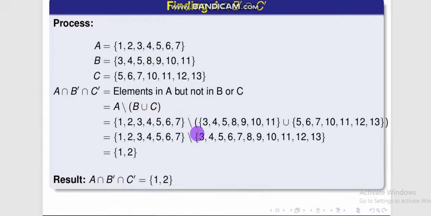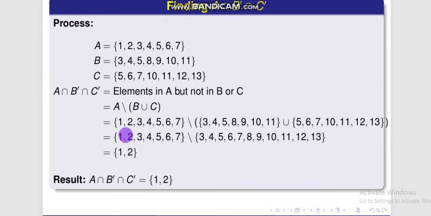Then set minus, then you unite B, element in B union element in C. So if this one you bring it down, then set minus, now you unite these together. The least number here is 3, then you bring 4, 5 is here, you write it 1, 6, 7, then what about 8, 9, and 10, 11, and then 12 and 13 are found here. So you united them here.